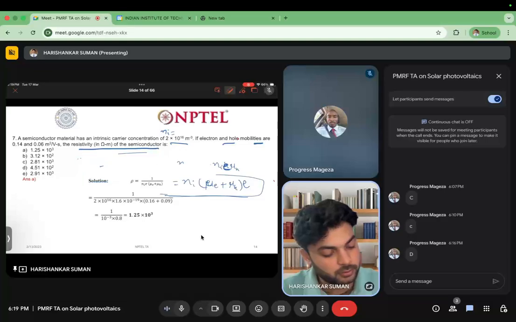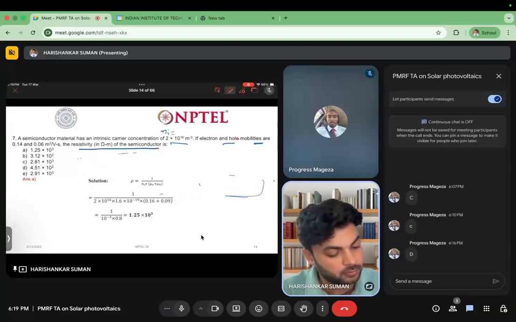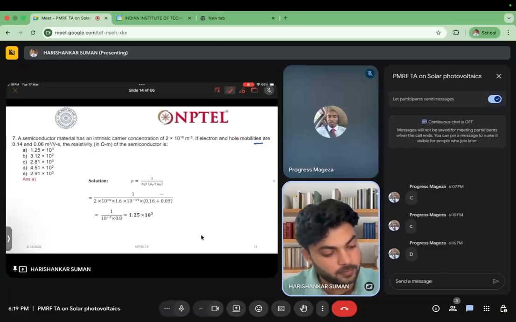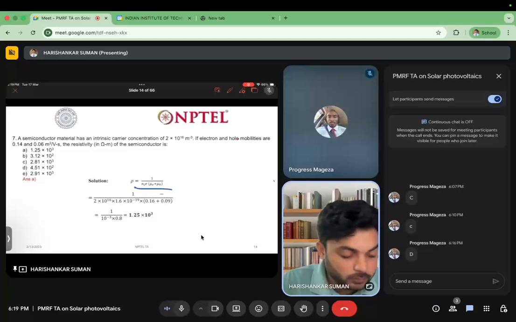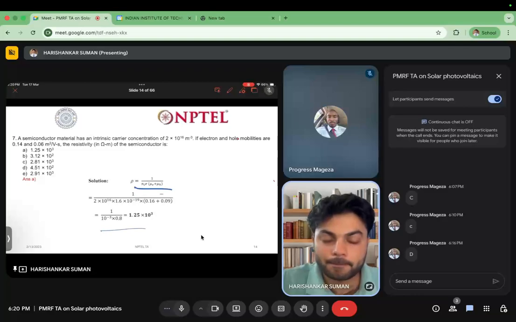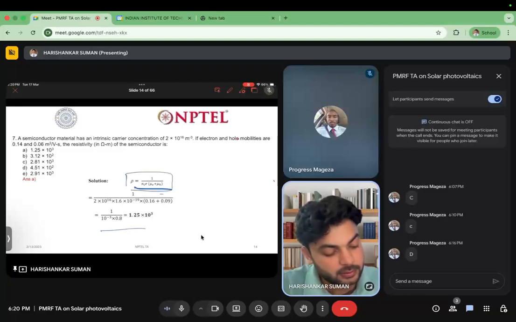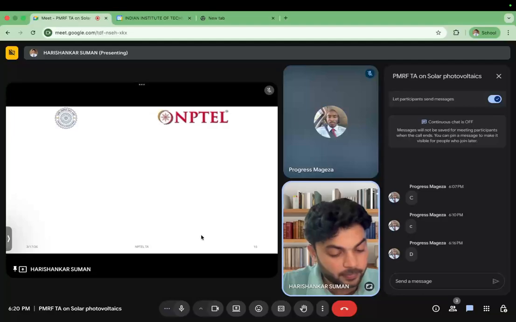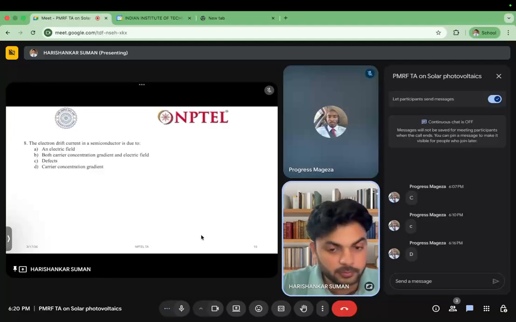Here the solution is given to you directly. Please see, and it is the sum of the mobilities. Just put in the numbers and you will get the answer. So please recall all the formulas and learn the meaning of the symbols used in the formula.